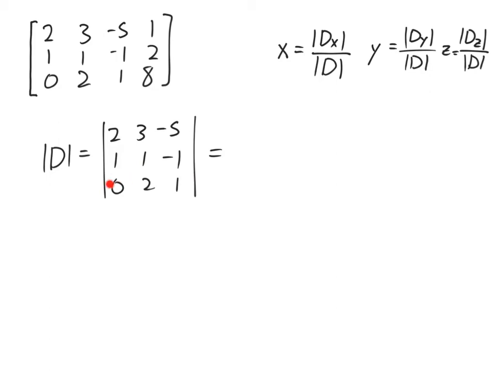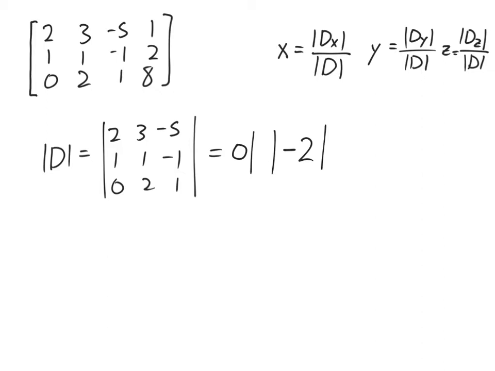So I'm going to use this one because it has a 0 in it. So that becomes 0 multiplied by its minor, and I don't care about that because 0 times anything is 0. Then it's going to be subtract, since the signs change, 2 multiplied by its minor. If you don't remember where the minor comes from, I pretend that the row and the column of that 2 don't exist, and what's left is its minor.